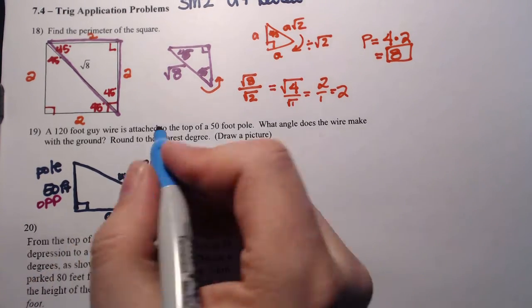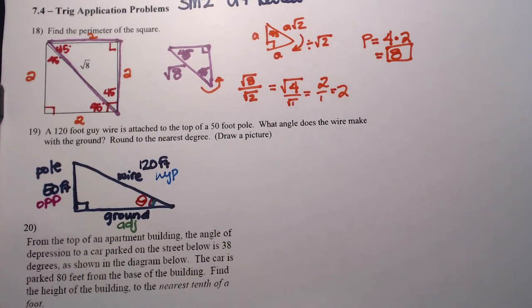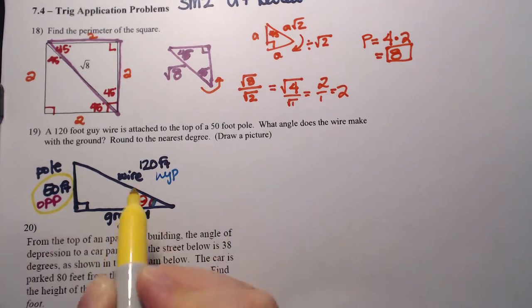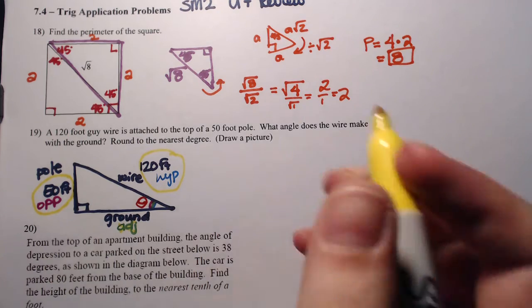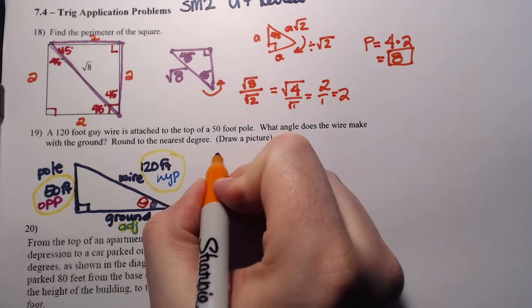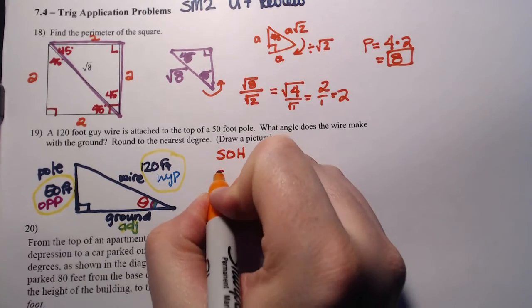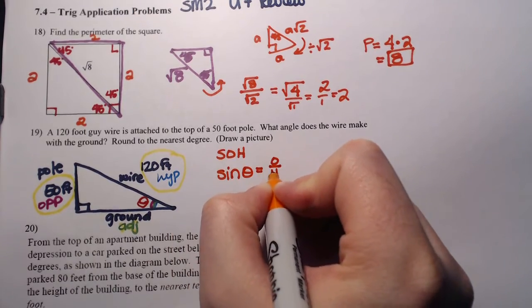And this is the hypotenuse. So which trig function do I need? Well, I have the opposite and I have the hypotenuse, so I don't care about the adjacent. So what trig function uses opposite and hypotenuse? Sine. So sine of the angle is equal to opposite over hypotenuse.